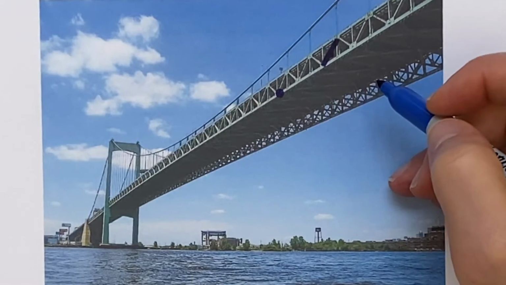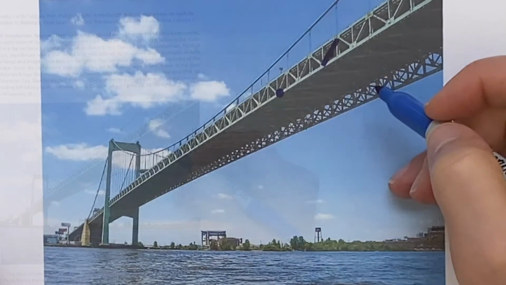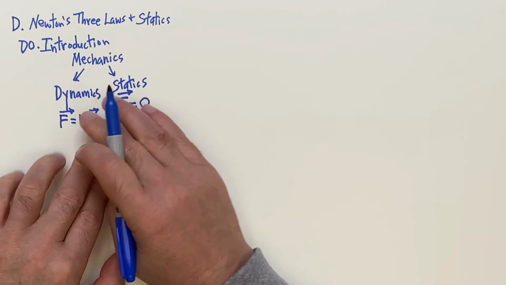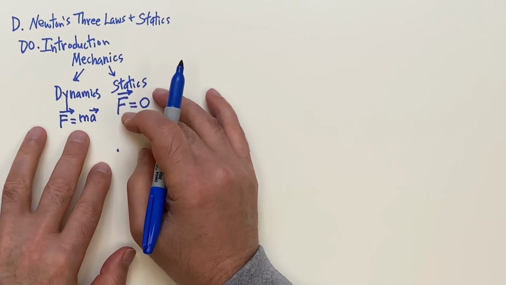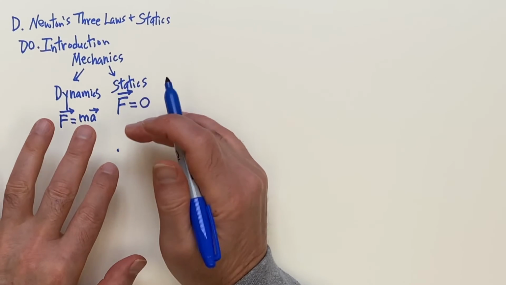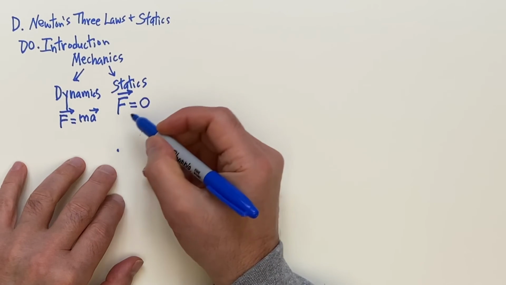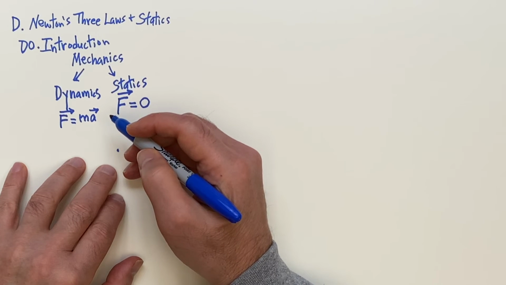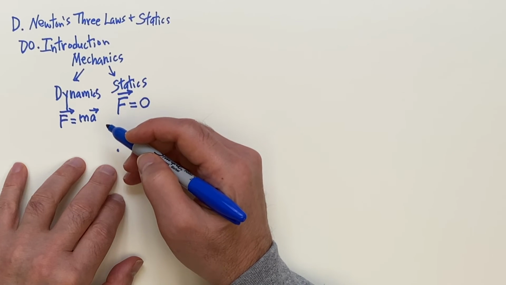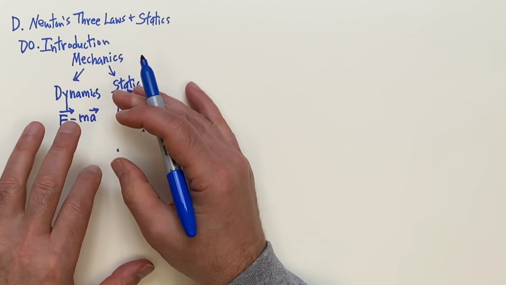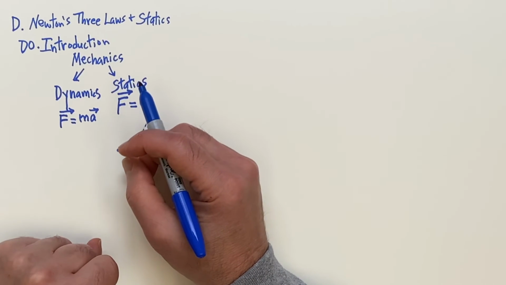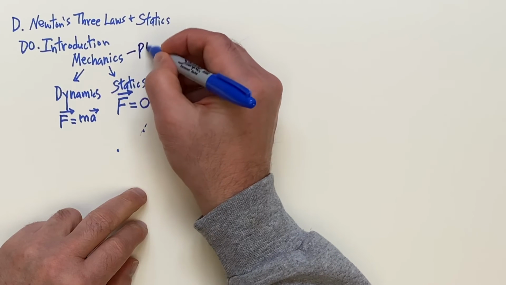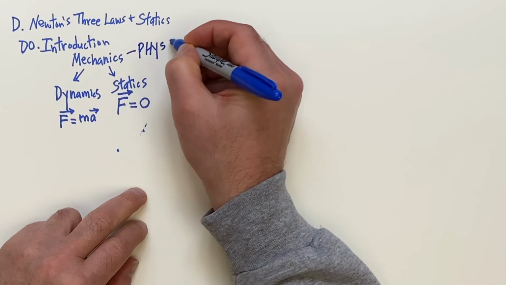So in our physics course, we're going to be doing introductory things in both of these areas. And then in engineering, there's a whole course in statics and a whole course in dynamics taken after your introductory physics course, your mechanics course. This is covered in Physics 1, which is our course.